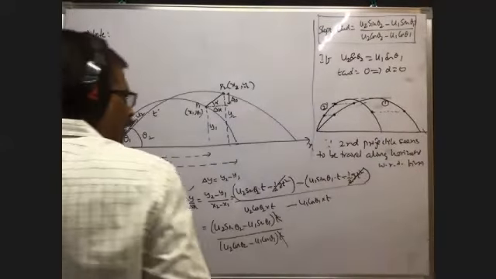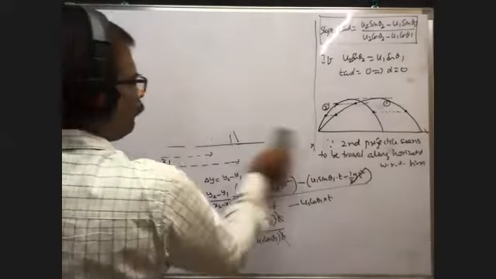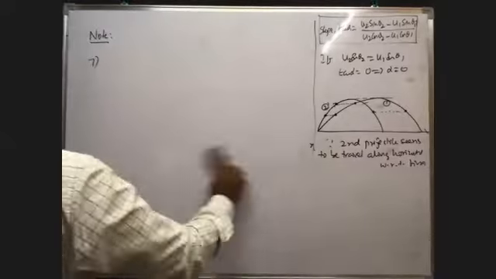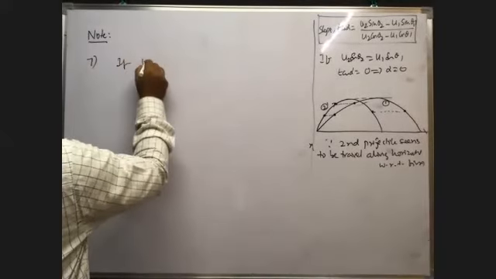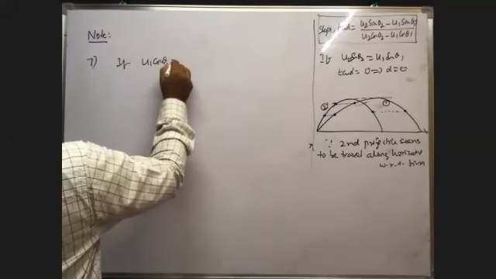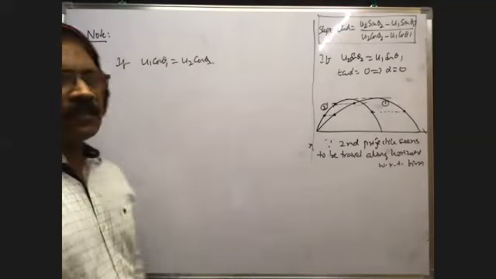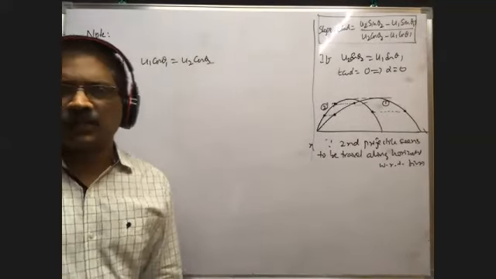Okay. Next, if horizontal components of velocities are equal, u1 cos theta 1 is equal to u2 cos theta 2, how do they seem to travel? Anybody can respond?